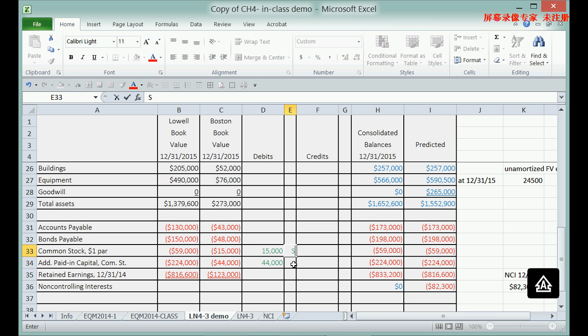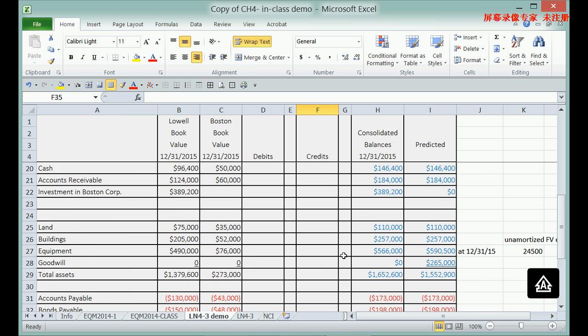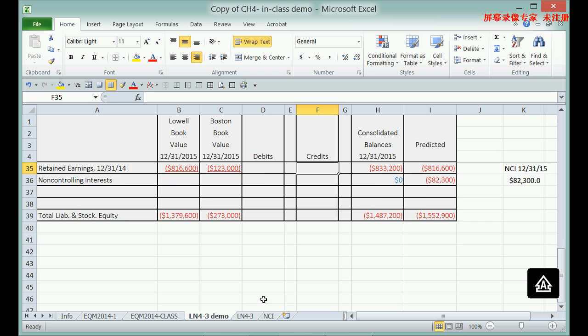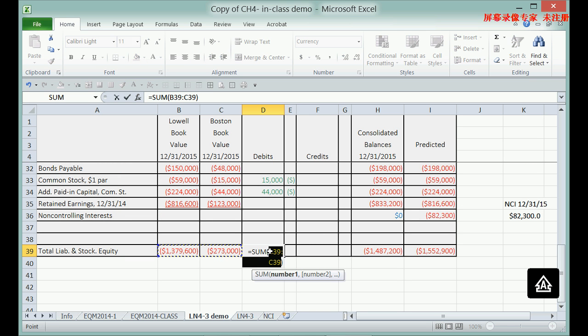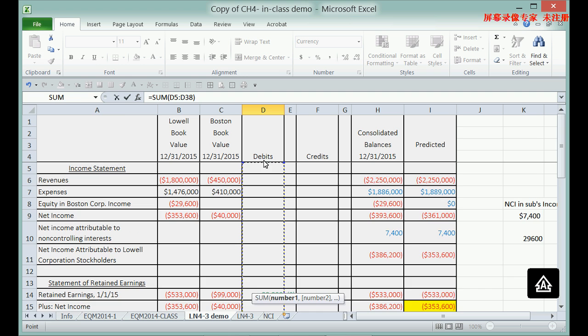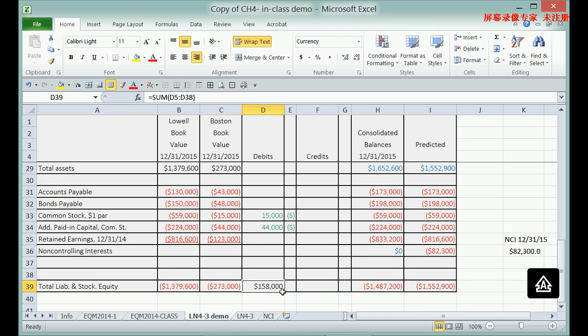So that's my S entry, and I debit all these, adding them up, to show they are the same.